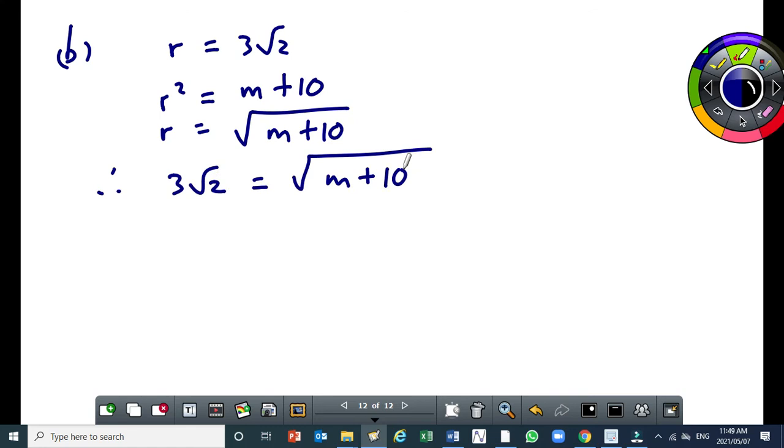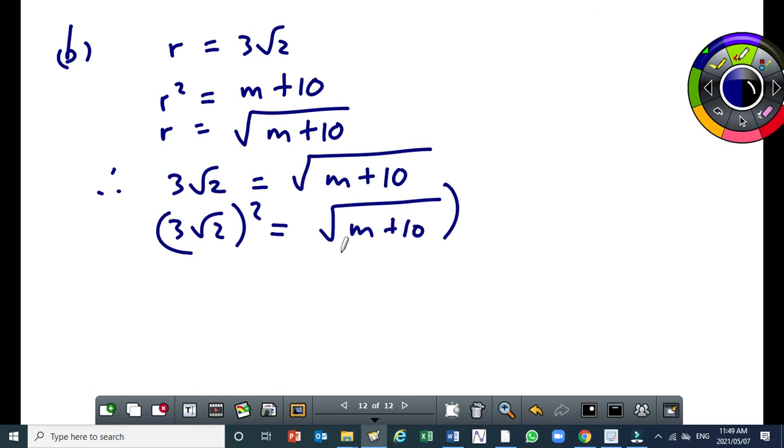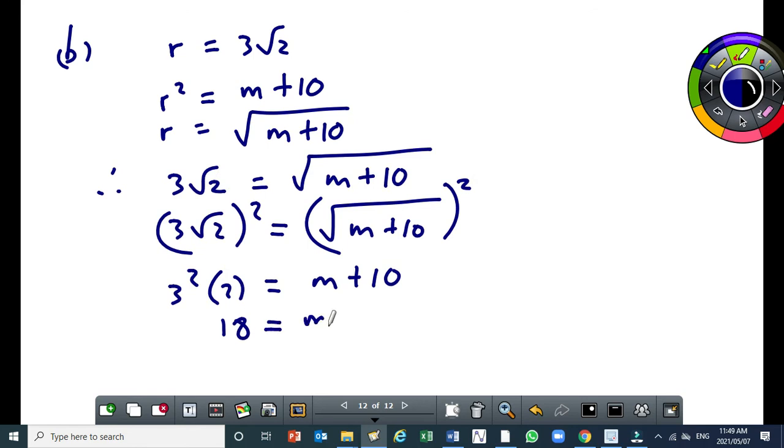To remove the square root sign, obviously we have to square both sides. You do that, you're going to get 3 squared times 2 is equal to m plus 10. And this will give you 9 by 2, that's 18. Okay, take the 10 to the left, you get m being equal to 8.